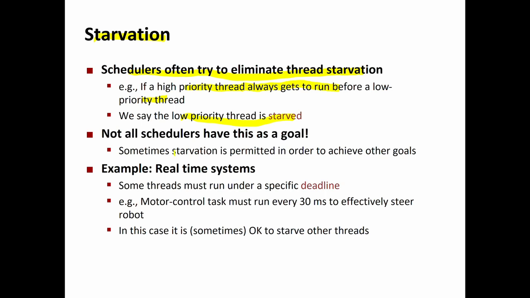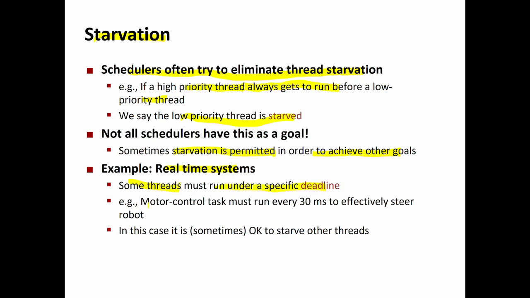But starvation sometimes is still permitted in order to achieve other goals. One example is real-time systems, where, for example, we have computers that control robots. Some certain threads must run under a specific deadline.